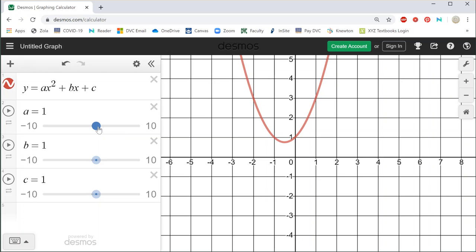And notice that when a is positive, this parabola is opening up. But now when a is negative, like when a is negative 1, for example, the parabola is opening down. And that's always true when a is negative. Okay, let's have it opening up.